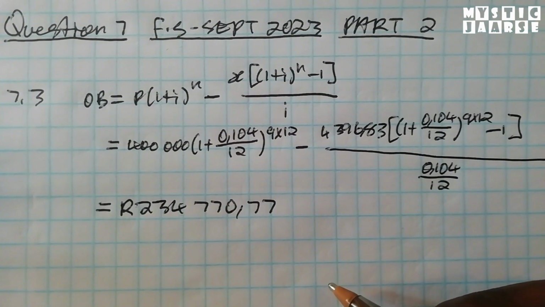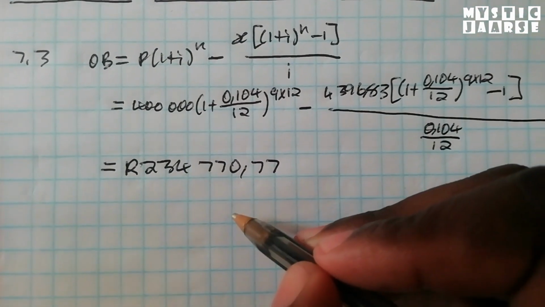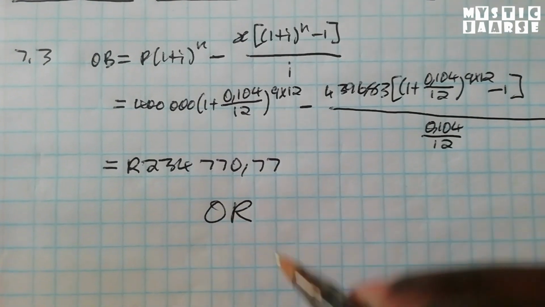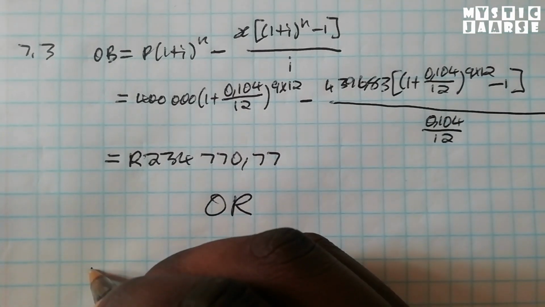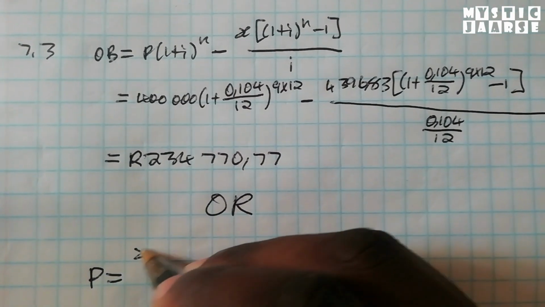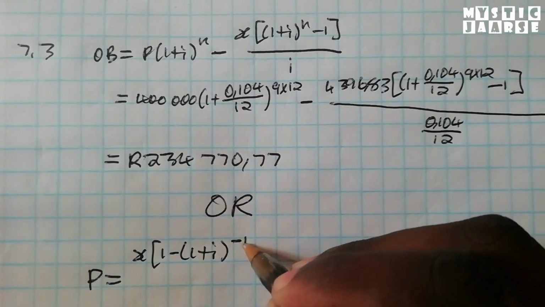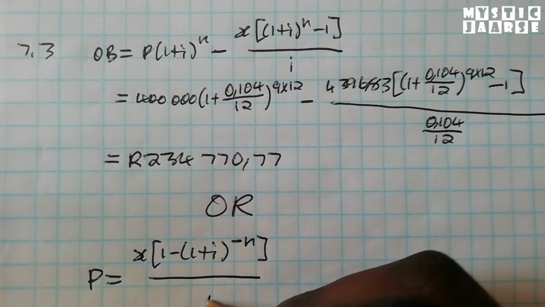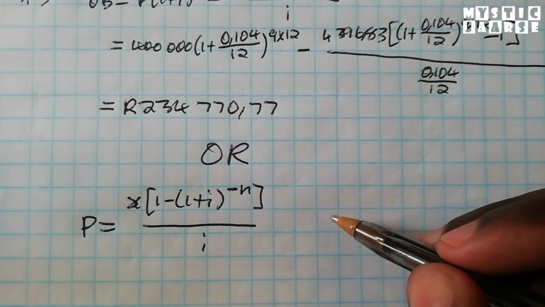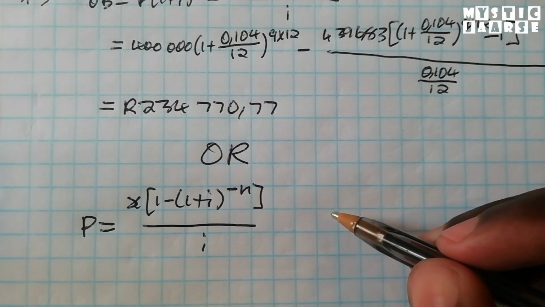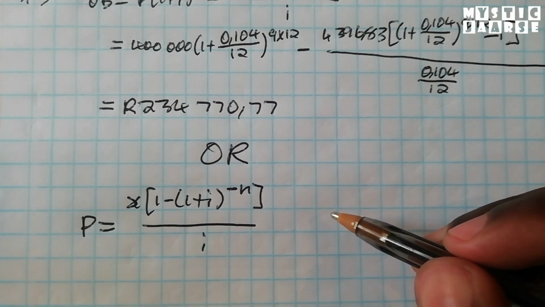So this is the amount of money that she would still have to pay in order to settle the loan. There's another method for calculating the outstanding balance, where the present value annuity formula is used: 1 minus (1 plus i) to the power of negative n, all divided by i. N here represents the remaining number of payments that are left to be made.